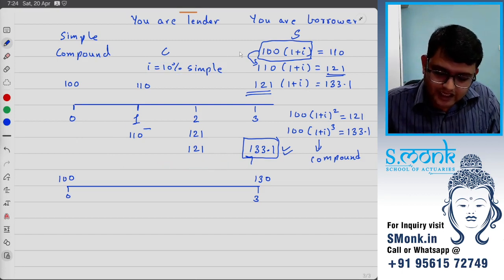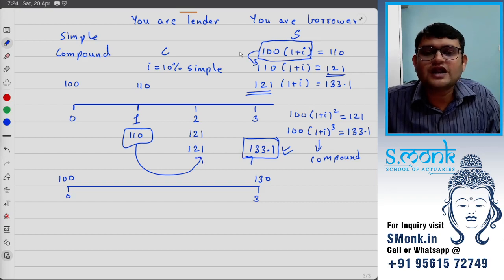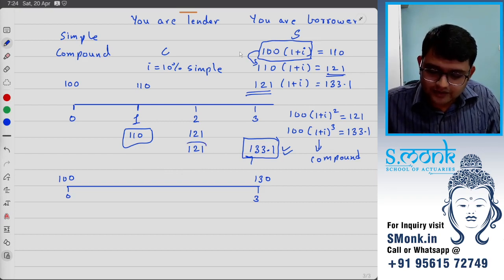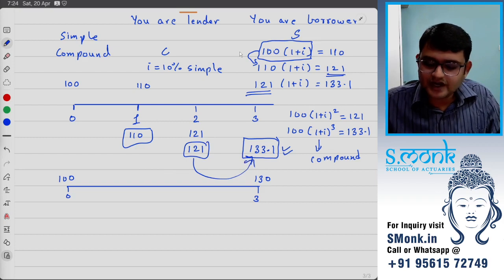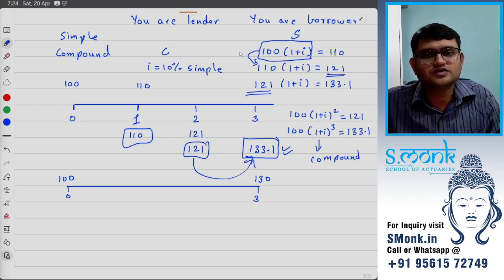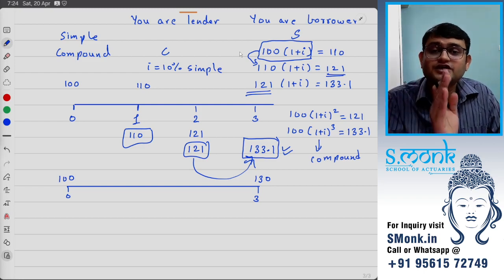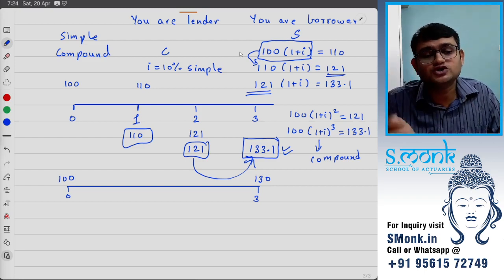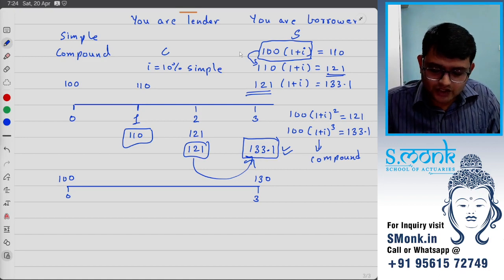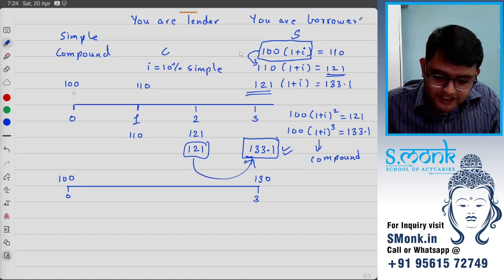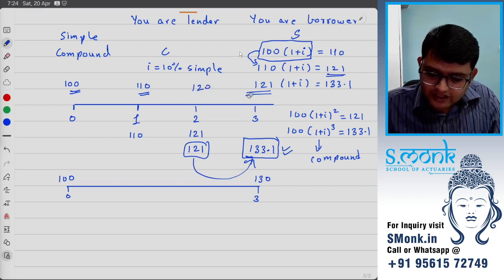It's like taking out the money and then reinvesting the whole amount for another 1 year. Then taking out the money and reinvesting for another 1 year. So that is called compounding. Or you can say you are getting interest on interest also. Previously you would have said 10 rupees interest on 100, that is 110. Another 10 rupees interest would get 120, and another 10 rupees interest will give you 130.